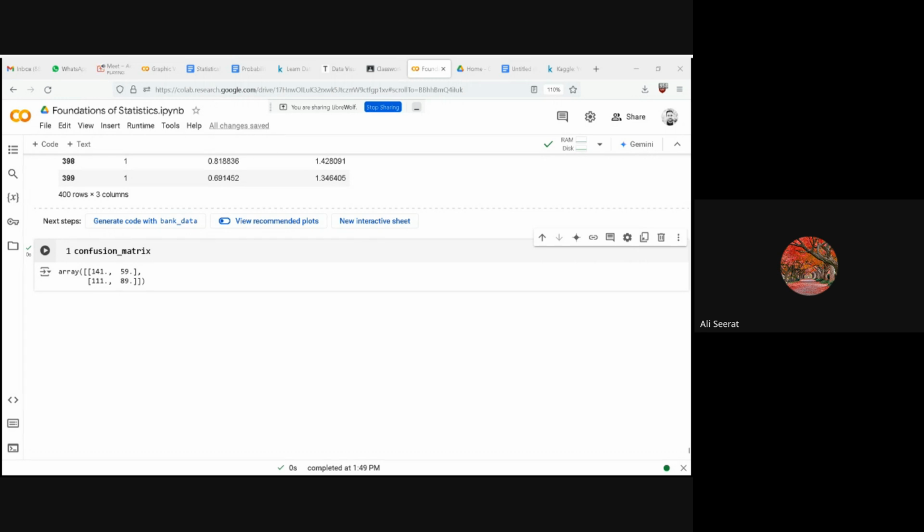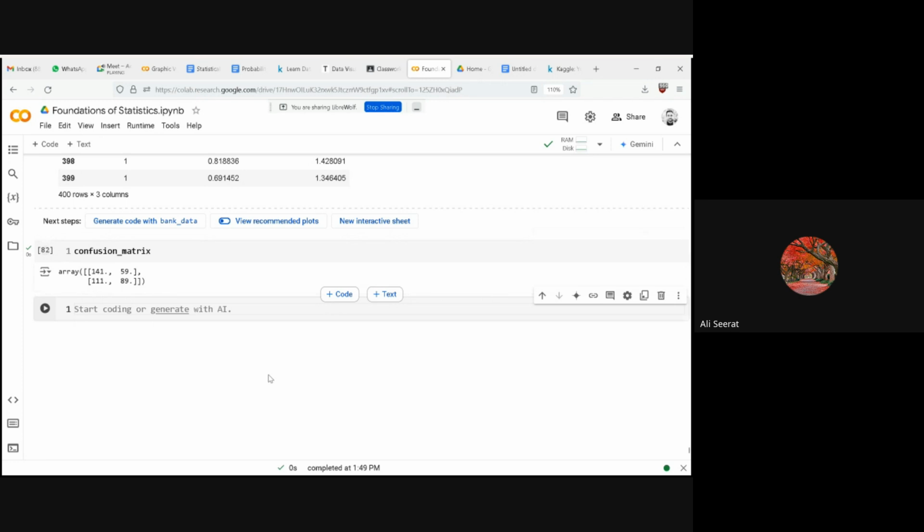For example, you can have a logit function, and you have a response variable with one explanatory variable.